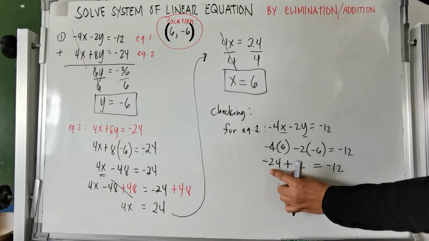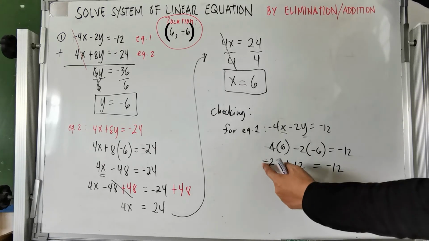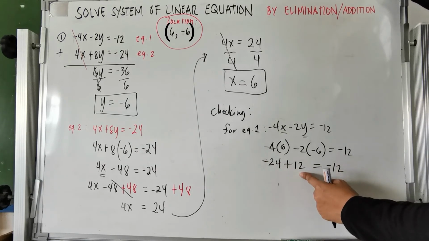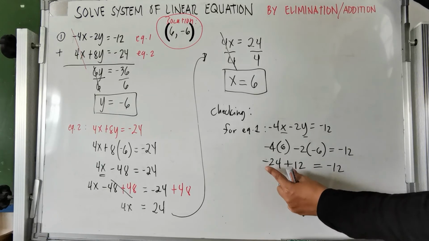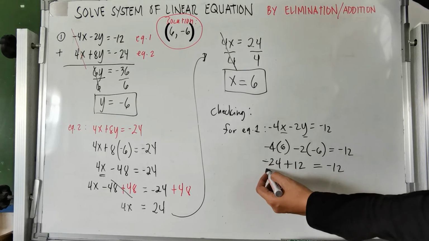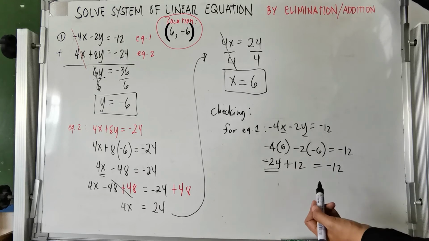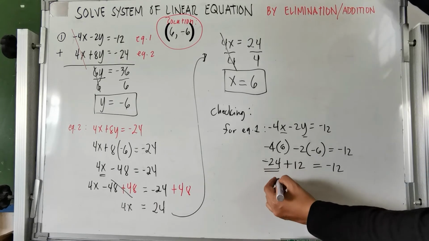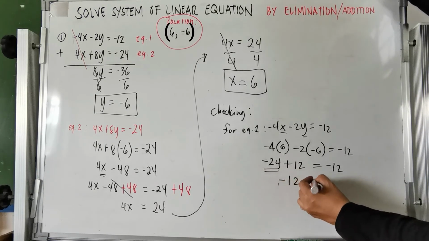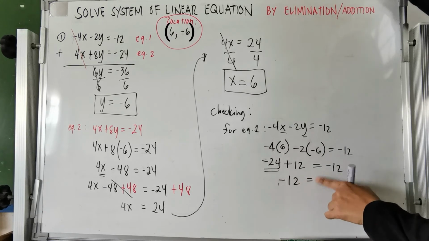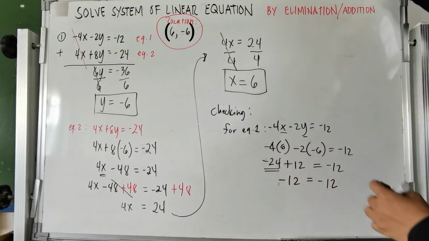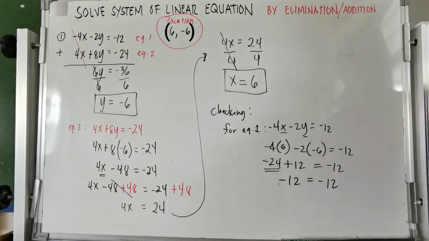Then, simplify natin yung left side. Negative 24, positive 12. So magkaiba, ibig sabihin ima-minus natin, then copy the sign of the higher number. So we have negative 12. So kung mapapansin nyo, nag-equal. Ibig sabihin, na-satisfy natin yung equation 1.